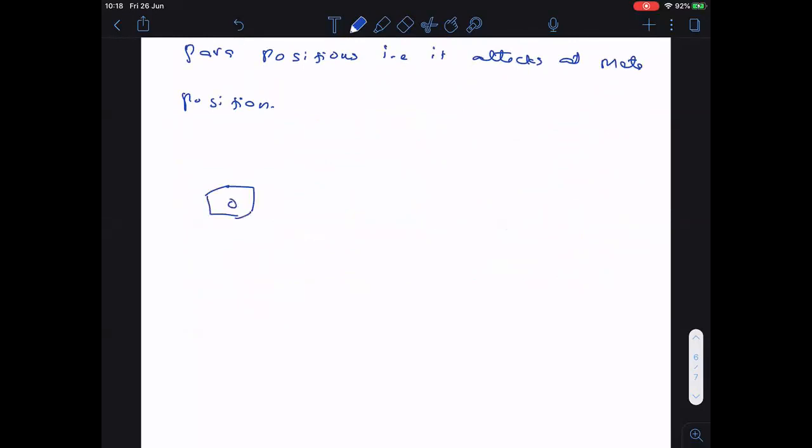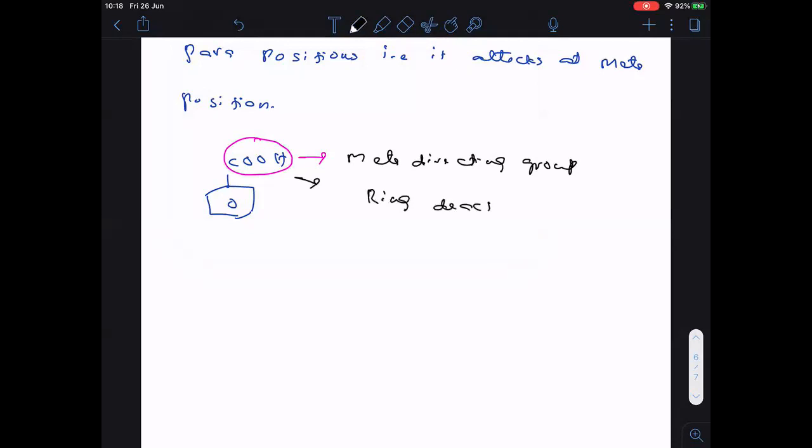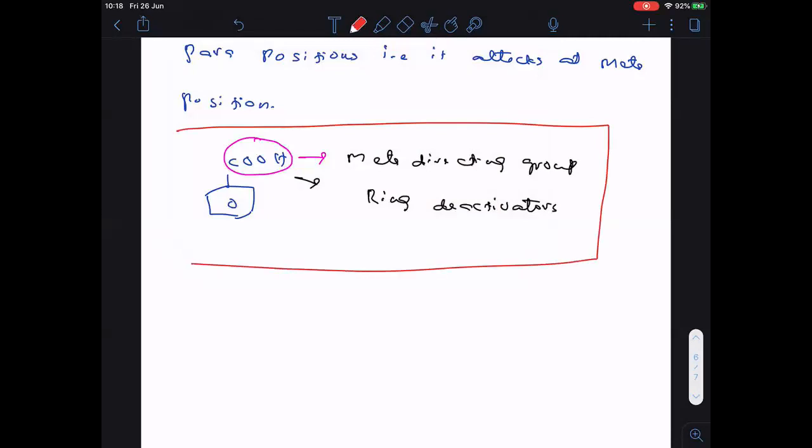See clearly, the COOH group is there now. So the COOH group is the meta directing group. And remember everyone, all meta directing groups are ring deactivators. They decrease the reactivity of the ring. Clear? This is the most important point of benzoic acid.